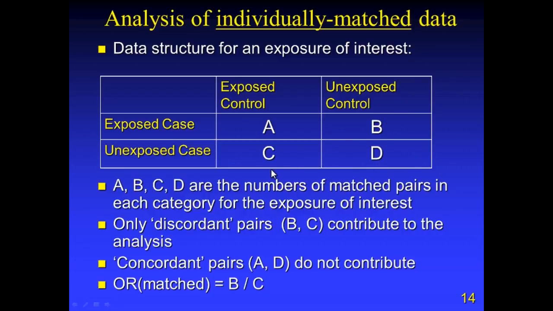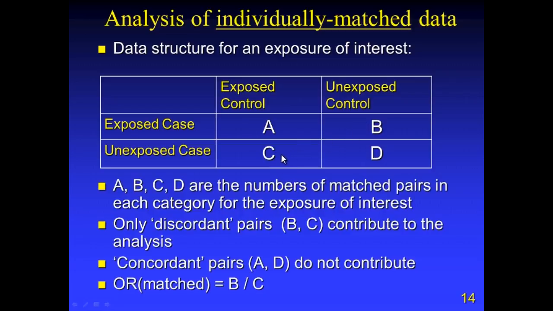Then we have B and C, and we refer to these as discordant pairs. The situation for B is we have an exposed case and an unexposed control, so they're different. And for C, we have an unexposed case and an exposed control. So again, the case and the control are different.